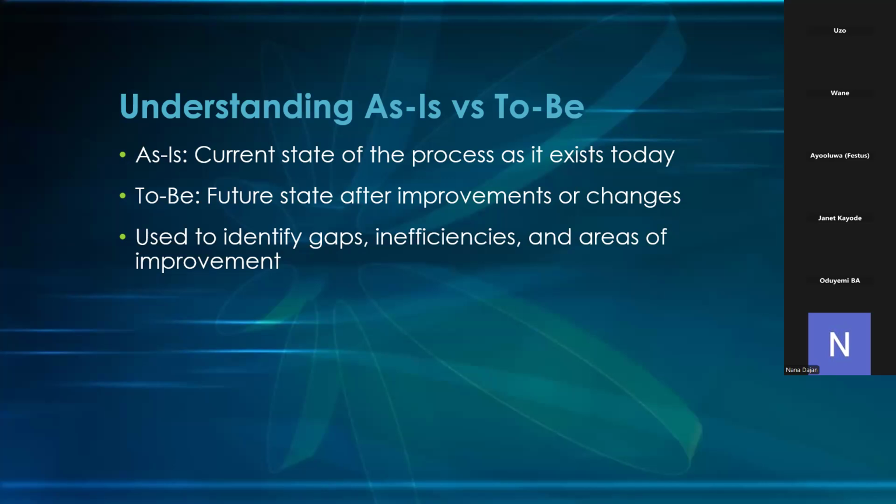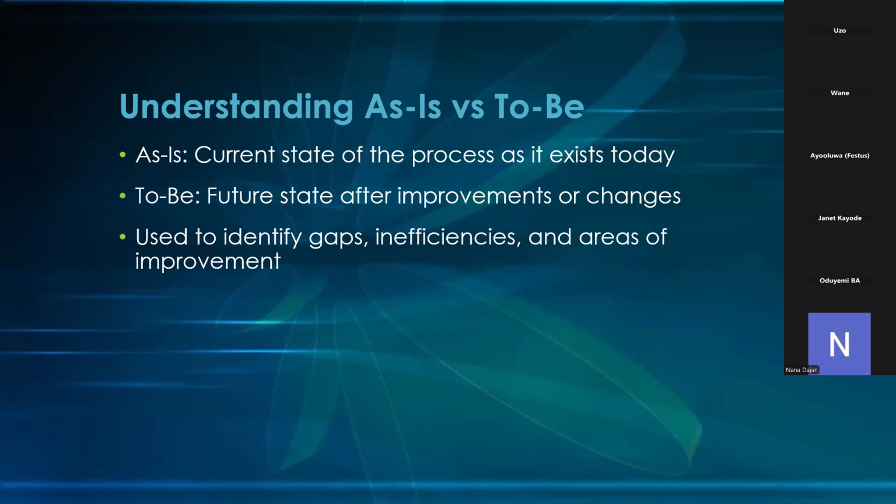So you want to understand where the gaps are, what the discrepancies on ground are, and how can we close that gap, or how do we ensure that these gaps are no longer there, or they can be improved. So now what you're trying to do is to get the process from where it is to its ideal state where it should be in future. So that is called to be.